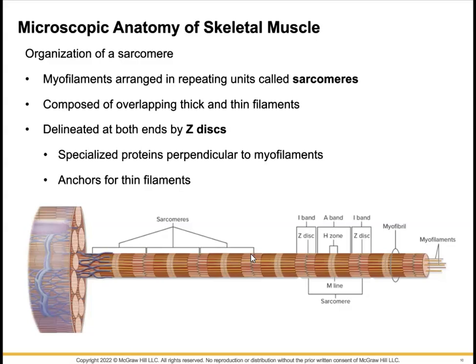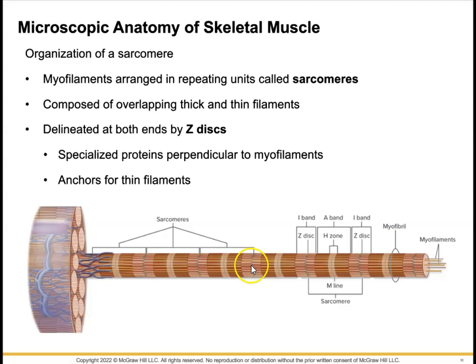Now, the A band, the I band, the H zone, the M line, that's all important. But it's not necessarily the most important thing to focus on. So I want you to understand the sarcomere is delineated at both ends by the Z-disc. So that simply means from Z-disc to Z-disc is one sarcomere.